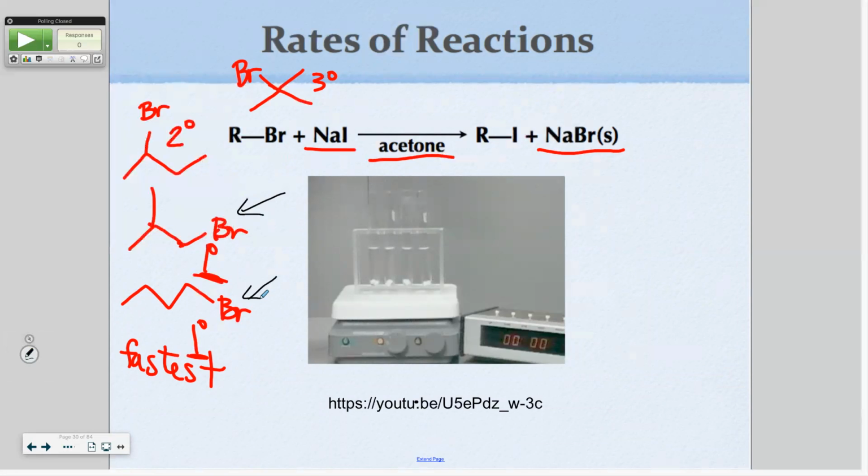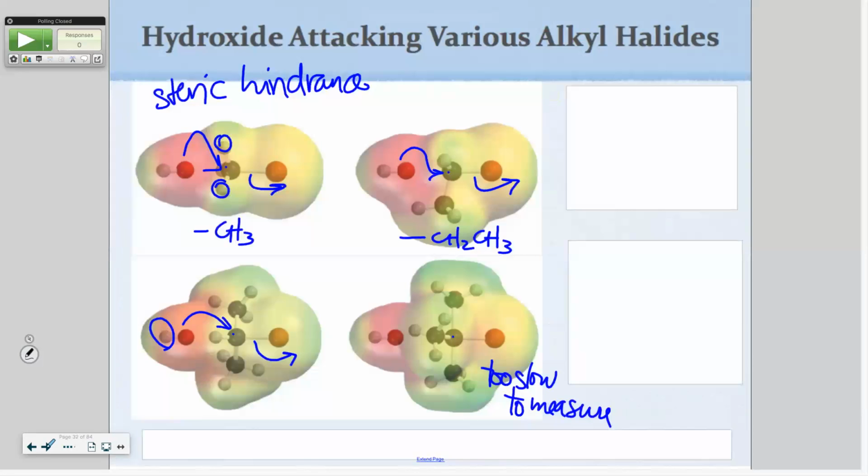What do you think? Because this is going to be blocking that site. Even though it's one carbon away, it's still going to block it, and so it slows it down. It's not that it doesn't react. It just slowed it down.